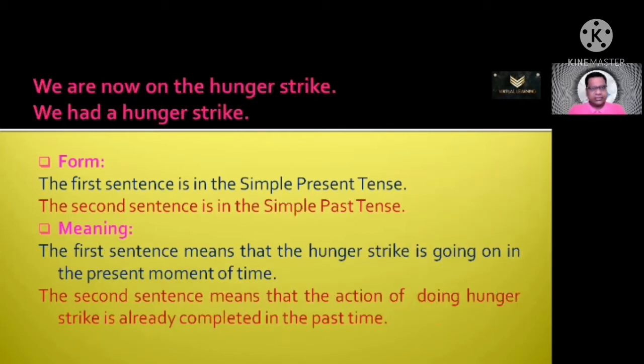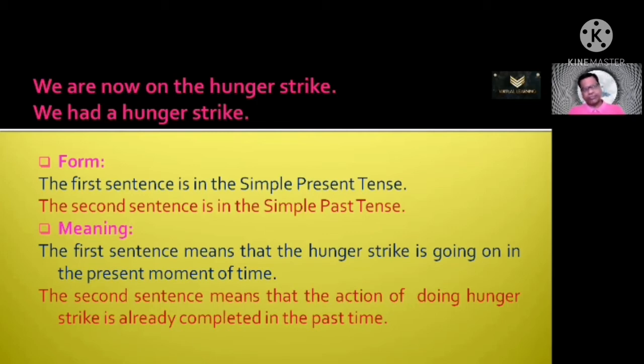Let us look at this sentence on your screen. We are now on the hunger strike. We had a hunger strike. Look at the first sentence. The first sentence is in the simple present tense, whereas the second sentence is in the simple past tense.